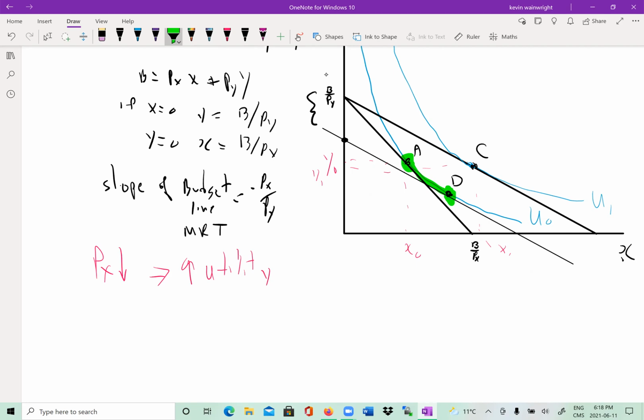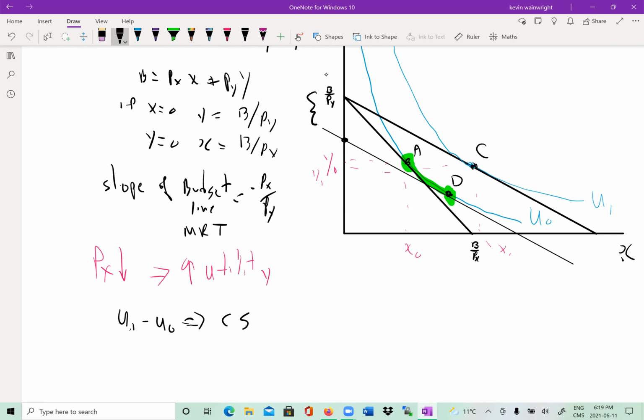So U1 minus U0 is going to be approximately equal to consumer surplus. It's the extra utility I get when the price of X goes down.